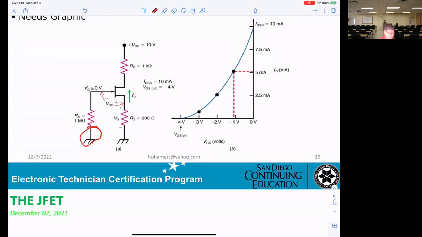However, for bipolar, if you don't have a voltage at the base, it cannot work. So it has to be an off device. On the JFET, even if you don't have voltage at the gate, it is still working. That's what they call an on device.